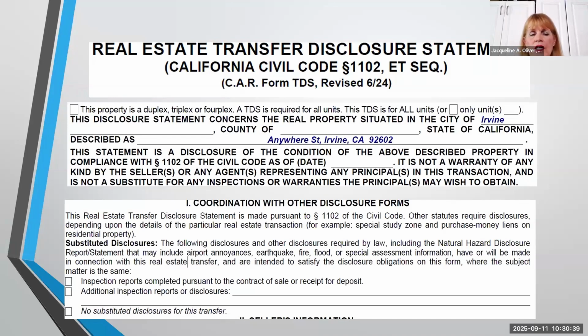Now, the next section says coordination with other disclosure forms. They're saying that you may have other forms with the transfer disclosure, like special study zone, and purchase money liens on the property. That is not so much a home inspection, but you'll want to know, for example, if it's in a historic area.